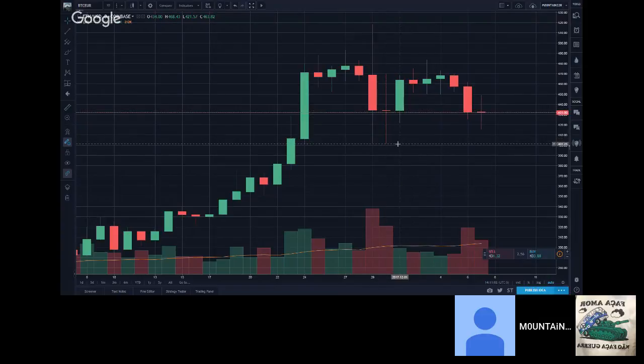A doji is something you can use to indicate that the market isn't quite sure which way it wants to go. As you study candles a little further, and you hear some people talking about candles, that's one of the indicators that you might have some indecision in the marketplace, and the market might be deciding whether or not it's going to change direction.